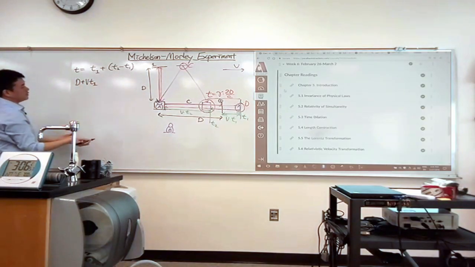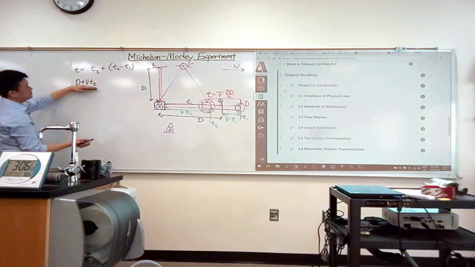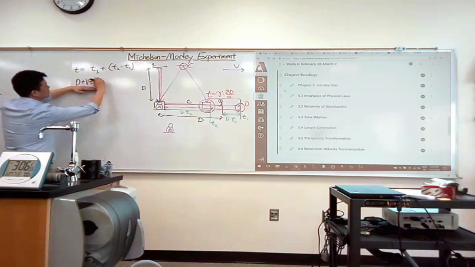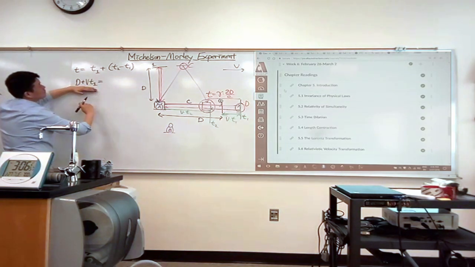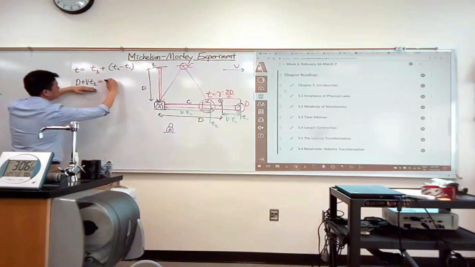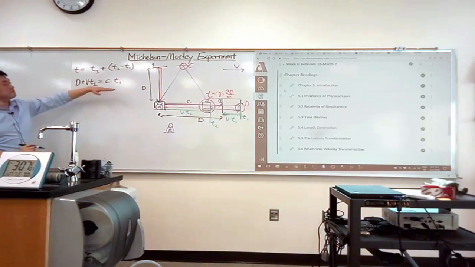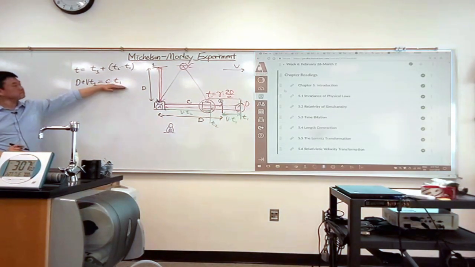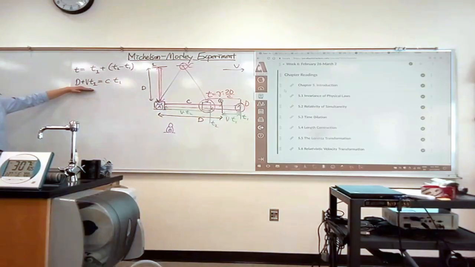That's the distance that the light travels. So that's equal to the speed of light, c, times t1. Distance light traveled.